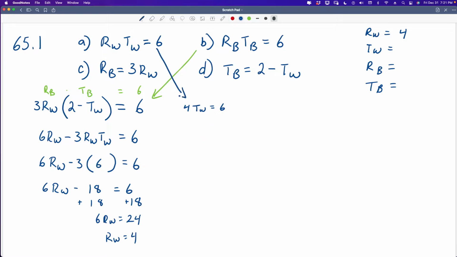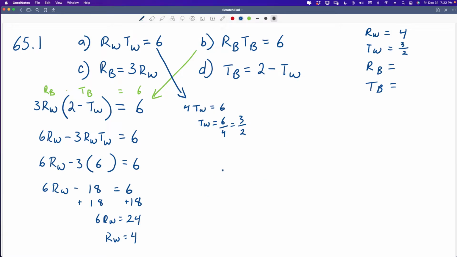That's this equation. So all I have to do is divide both sides by 4, and I get that TW is equal to 3 over 2. Because I can write it like this. This is being divided by 4, so 6 over 4 reduces to 3 over 2. So TW is 3 over 2.